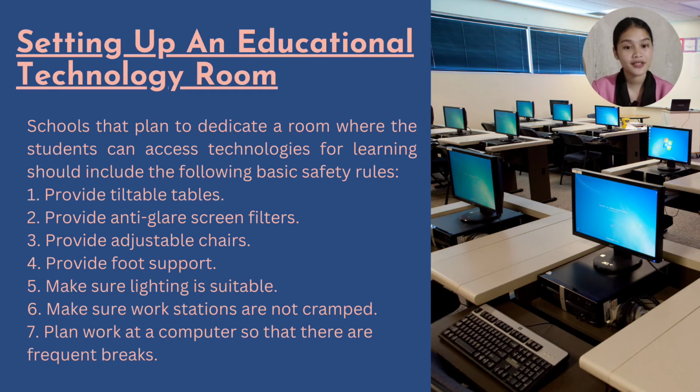Provide anti-glare screen filters. 3. Provide adjustable chairs. 4. Provide foot support. 5. Make sure lighting is suitable. 6. Make sure workstations are not cramped. 7. Plan work at a computer so that there are frequent breaks.